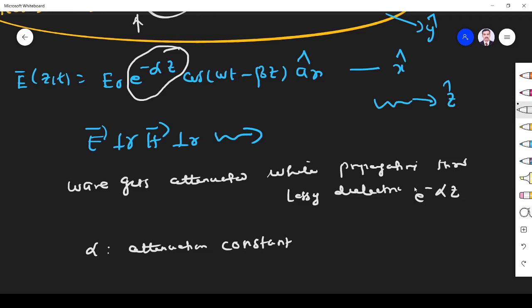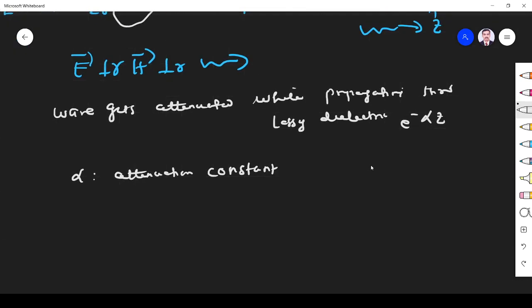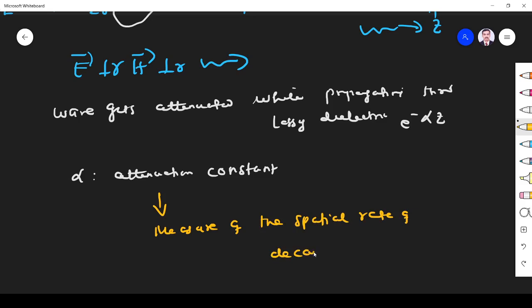What is attenuation? It is a measure of the spatial rate of decay of the wave in the medium.